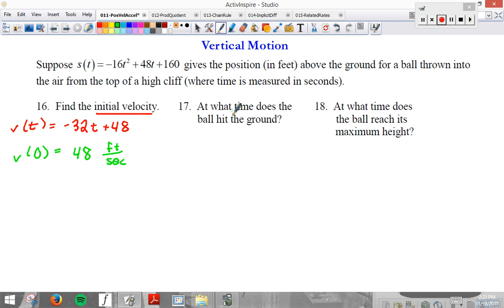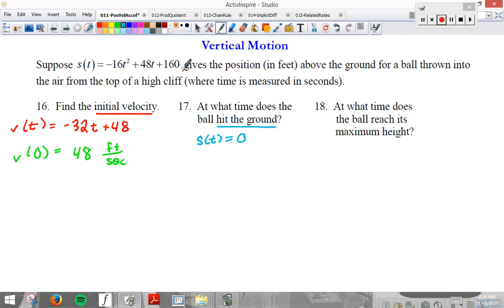At what time does the ball hit the ground? So in a vertical motion situation, hitting the ground will be the idea that the position equals 0.